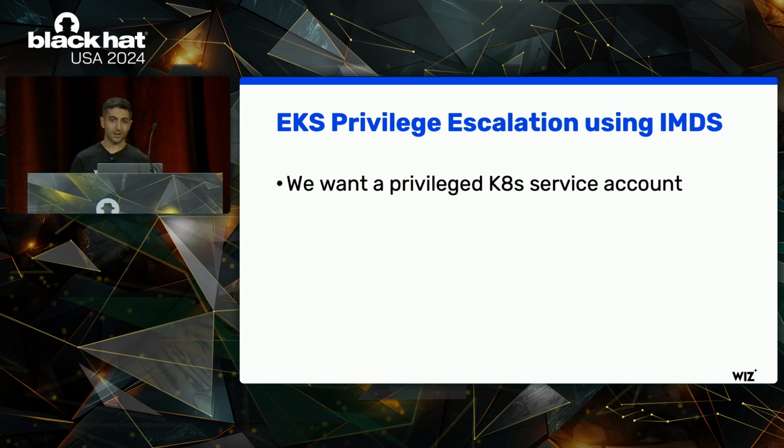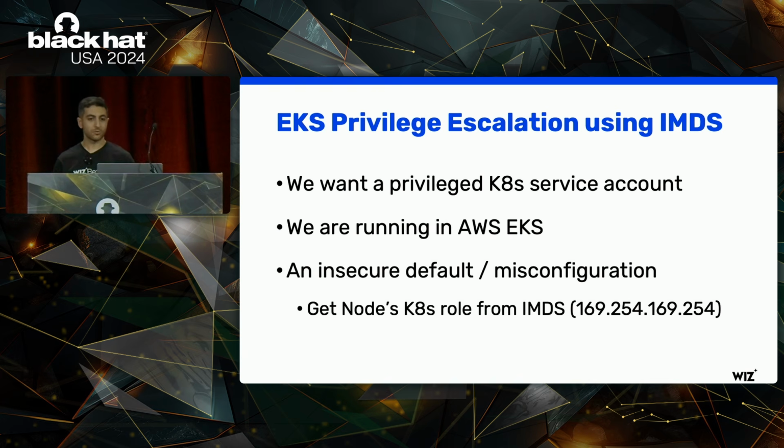If you are running within an AWS EKS cluster, which in this case we are, and your pod is accessible to the IMDS, the instance metadata service, you could actually fetch the AWS credentials from the IMDS, then, using the AWS API, transform them into a Kubernetes identity that has the node's role inside that cluster. And that identity is actually a very privileged identity within the Kubernetes cluster.